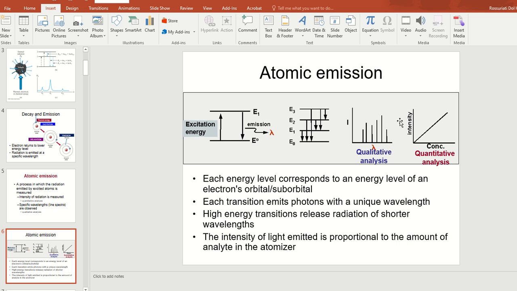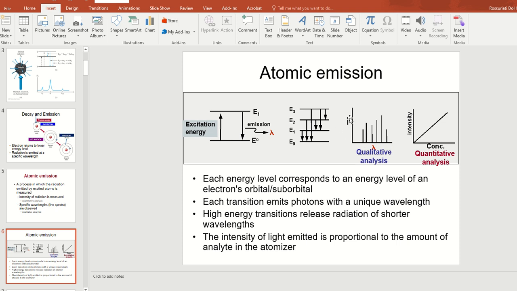So the spectrum that comes from AES we call a line spectrum or spectral line, because each of the radiations can be distinguished clearly.